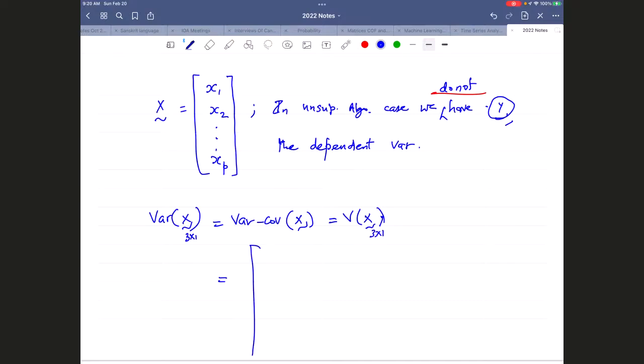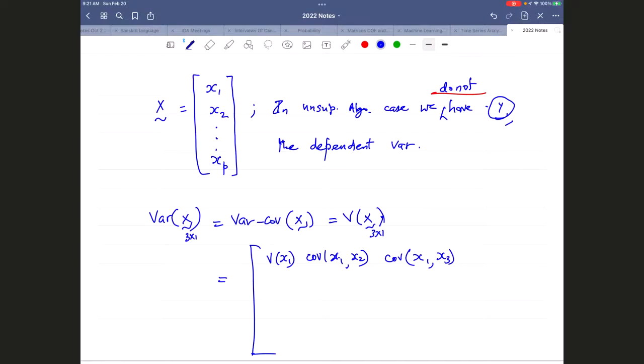Then we talked about variance of x1, covariance of x1, comma x2, covariance of x1, comma x3. Are you with me? Yep.